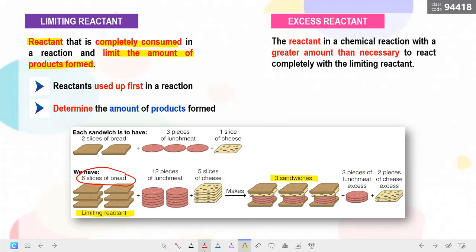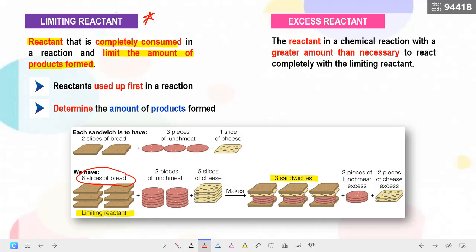So, what is excess reactant? Excess reactant is the reactant in a chemical reaction with a greater amount than necessary to react completely with the limiting reactant. So, basically, excess reactant will be left over at the end of the reaction. When the limiting reactant, in this case the bread, is used up, no more product can be formed.